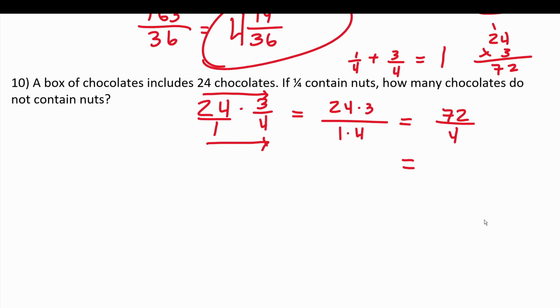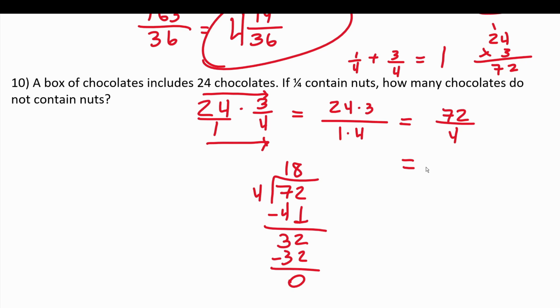Again, this is the same as 72 divided by 4. 4 goes into 7 one time without going over. 4 times 1 is 4. 7 minus 4 is 3. Drop down this 2. 4 goes into 32 8 times without going over. 8 times 4 is 32. 32 minus 32 is 0.